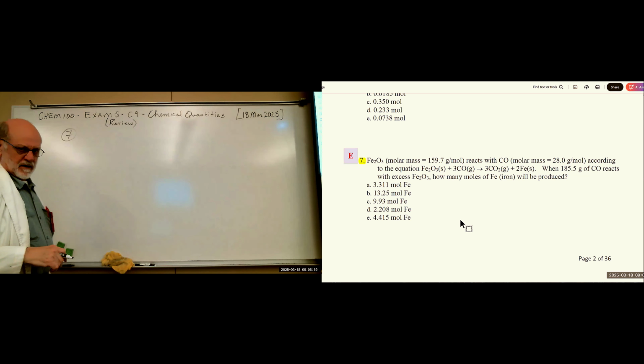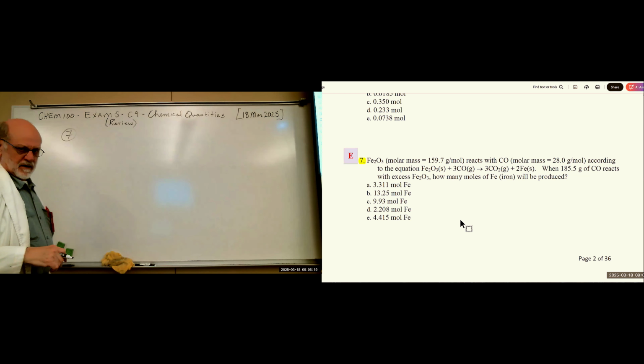And remember, you can't move anywhere in a chemical equation with mass. It has to be moles. So we've got to convert this to moles first. And that's where molar mass comes in. Because this gives us cancellation of grams, leaves us with moles. But we need the molar mass to go with it. And for carbon monoxide, it's given there in the problem, it's 28.0 grams per mole.